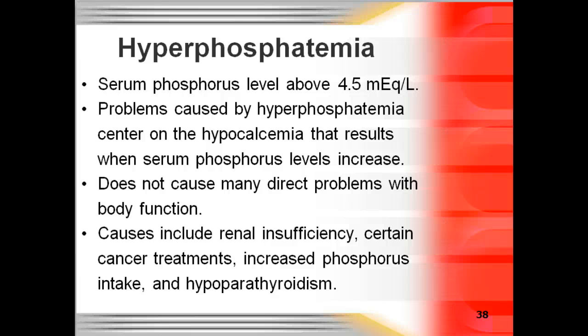The next is hyperphosphatemia, which is above 4.5 milliequivalents. Whatever problems you have from high phosphorus levels is mirrored to a person having decreased calcium. Truthfully, though, it doesn't cause as many direct problems with body function, but causes include renal insufficiency, certain cancer treatments, increased phosphorus intake, and hypoparathyroidism.